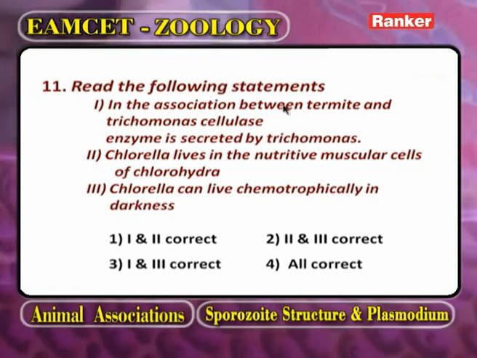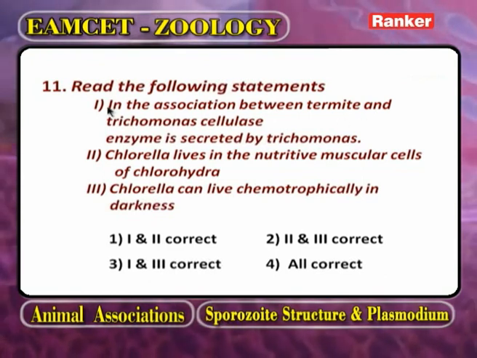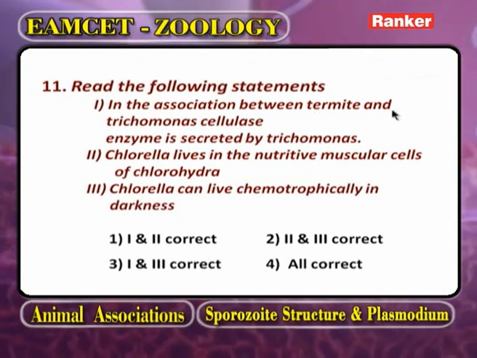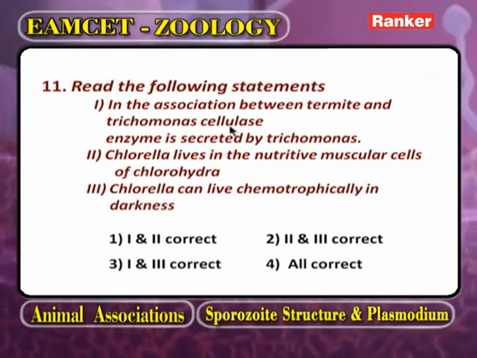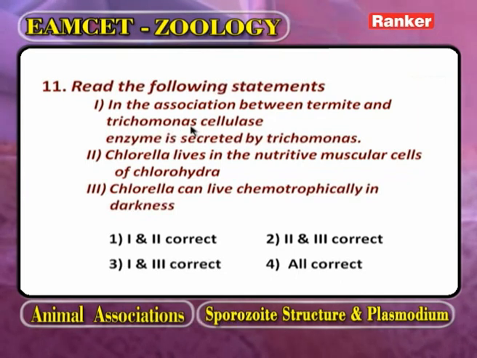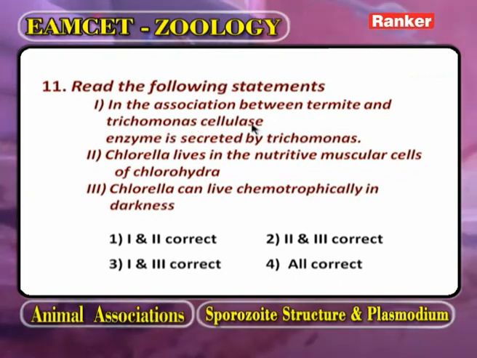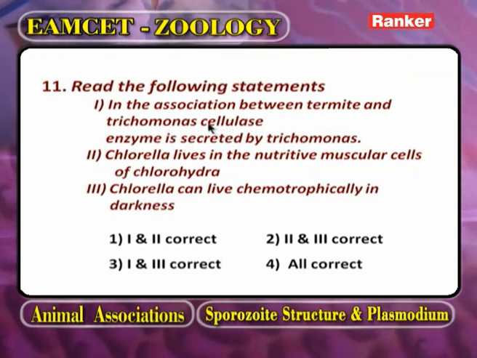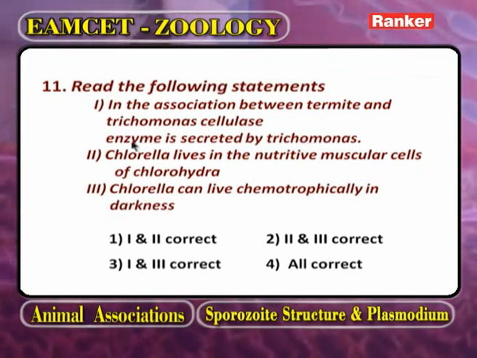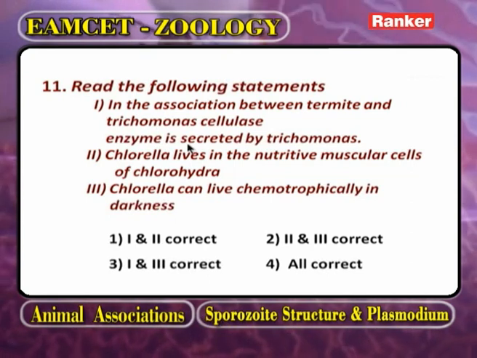Read the following statements. The first statement: in the association between termite and Trichomonas, cellulase is an enzyme secreted by Trichomonas. Now, as we observe mutualism, what is meant by mutualism?